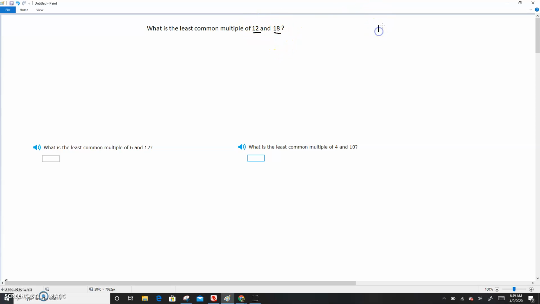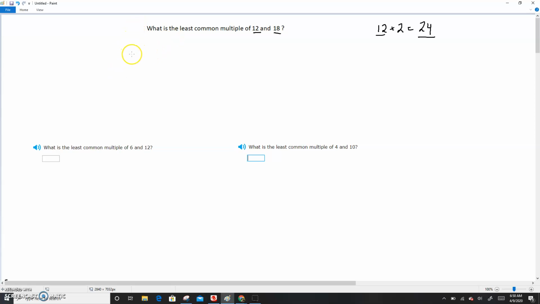So for example, if we did 12 times 2 and got 24, we know that 24 is a multiple of 12. In order to do this successfully, we're going to need to be masters of prime factorization.